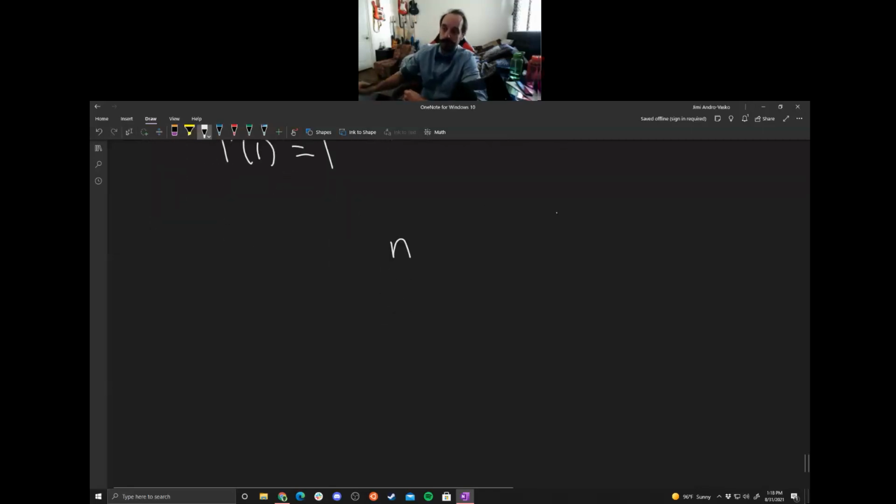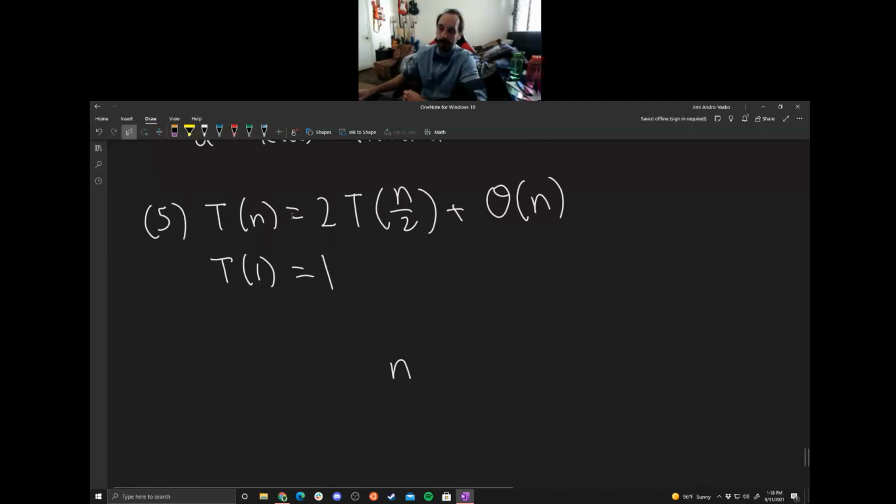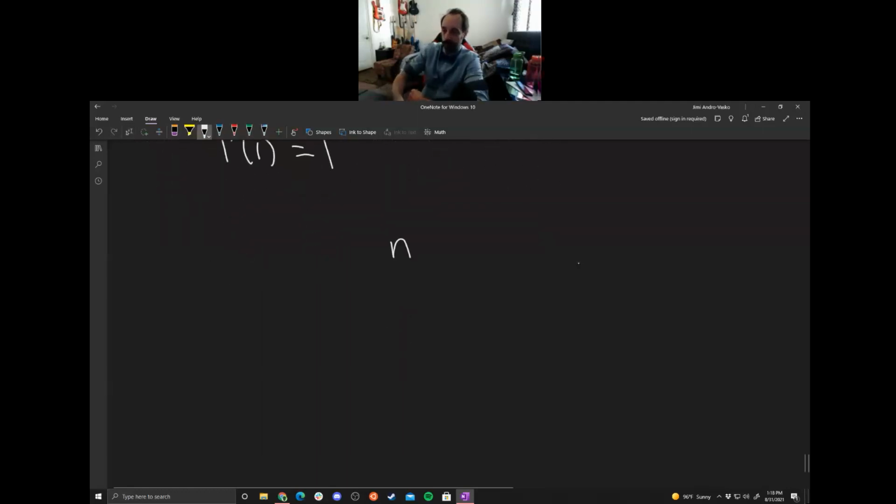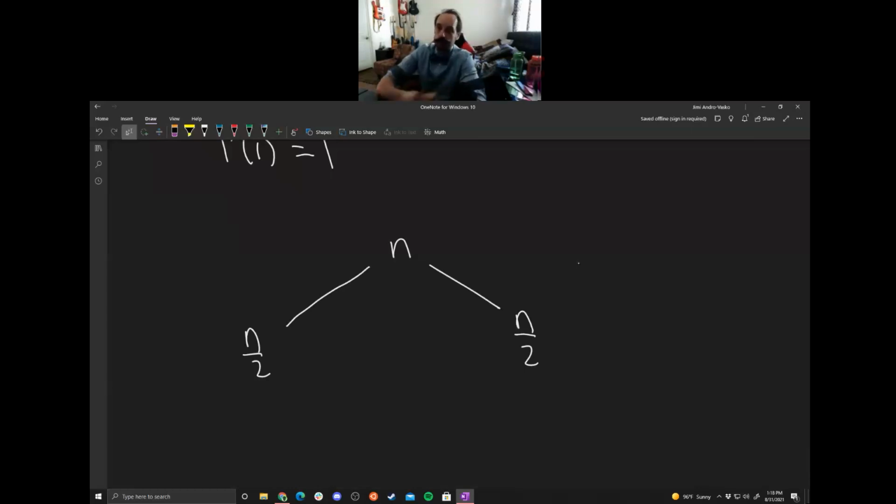So if we expand this, we're going to create 2 recurrences where each one will have n over 2 in size. So we're going to have n over 2, n over 2. So at the first level, obviously, it's going to be n, will be your size. The second level, well, n over 2 plus n over 2 also gives you n.